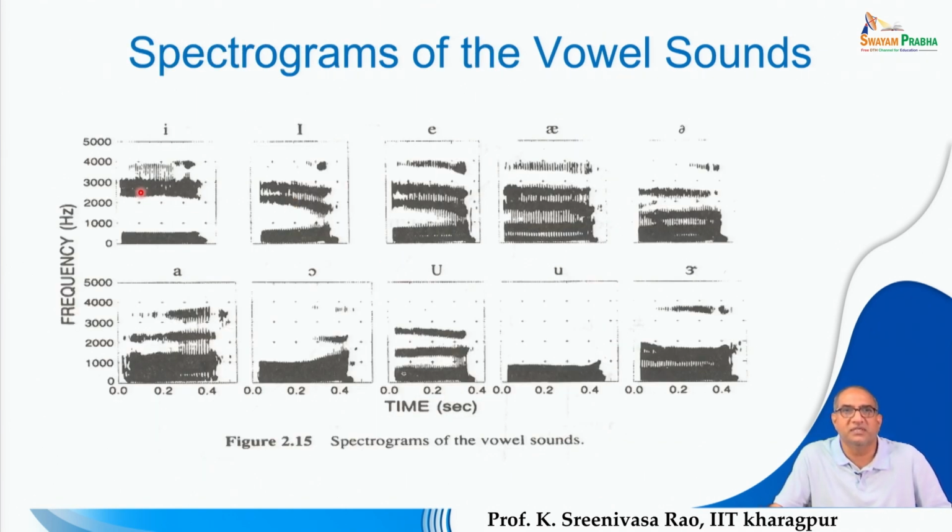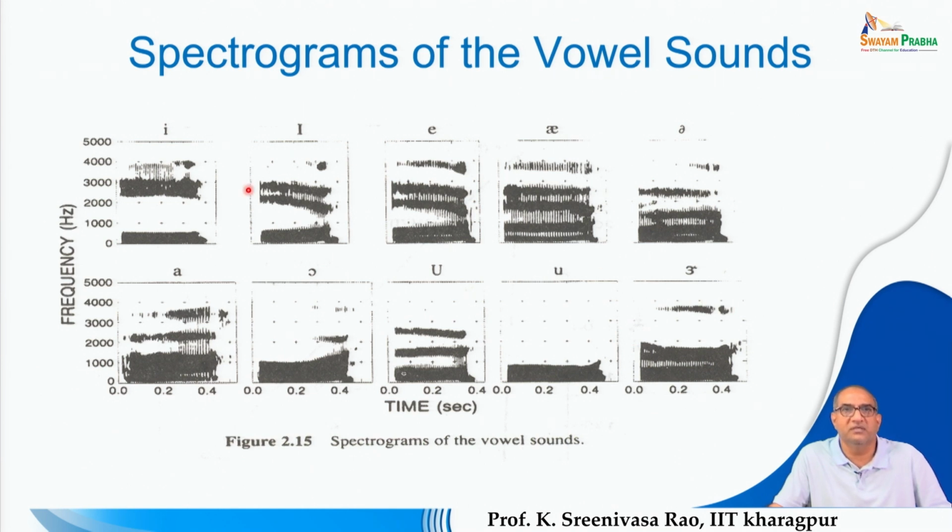Here you can see there are 10 different vowels and their spectrograms shown, and these spectrograms are ordered as per the time domain signals shown in the previous slide. So this is the E and this is E, A, and then so on for different vowels, and here this corresponds to A and O, then U, then U, then U.